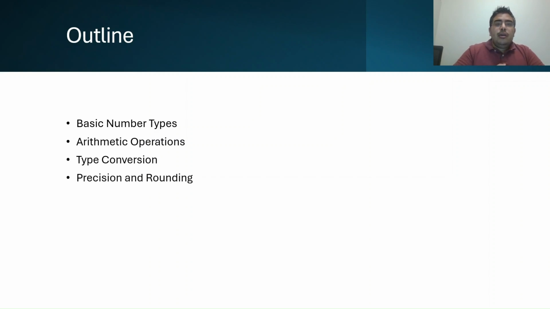Precision and rounding. Python's got some aspects of precision that, it's not just Python, but coding. All programming languages have this precision problem. I'll cover that problem as well as how you can round numbers when you're dividing and whatnot.